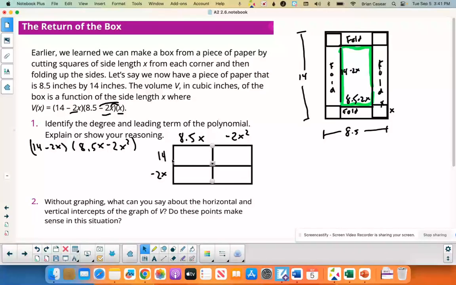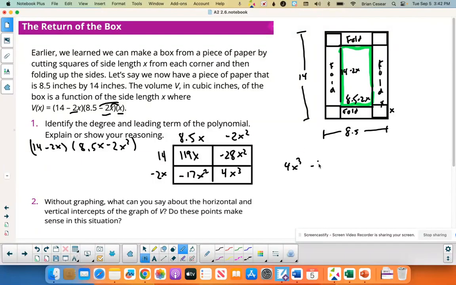So that gives you 119x. This here gives me negative 28x squared. This gives me negative 17x. And this would give me positive 4x cubed. So if I rewrite this all out, I get 4x cubed. You can combine these two because, no, you can't. I'm sorry, I forgot my squared here. There we go. Now you can combine those two because they're like terms.